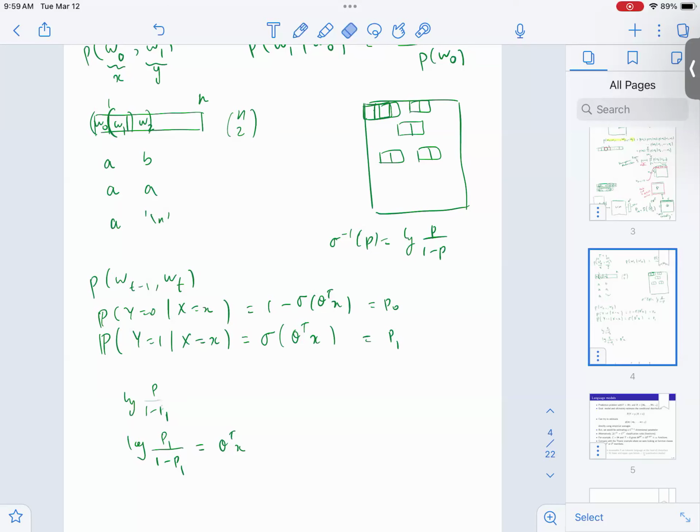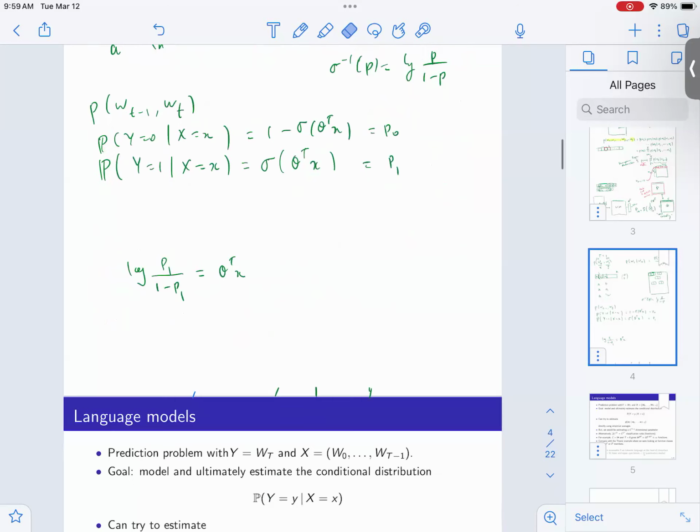So this is what people usually call the logit. What you have here is something that, when I apply sigma to it, gives me the probability. The more general case that we looked at is a little harder to write, but if you remember softmax regression, we write y given x as softmax of theta x.